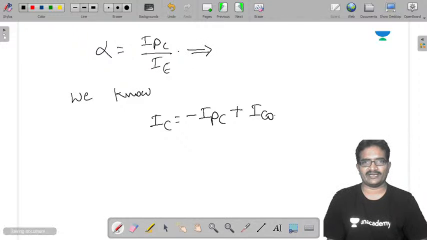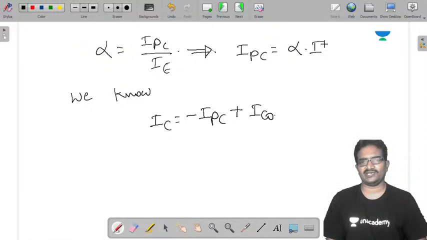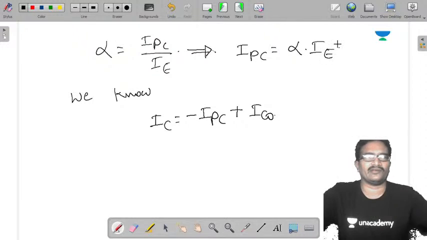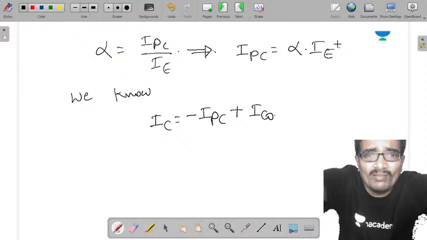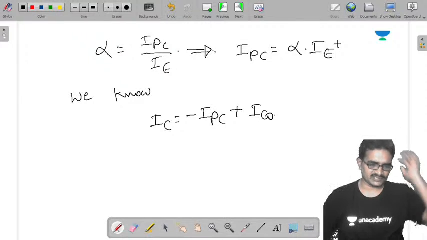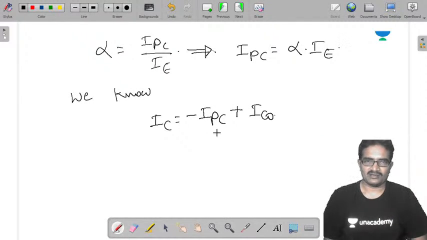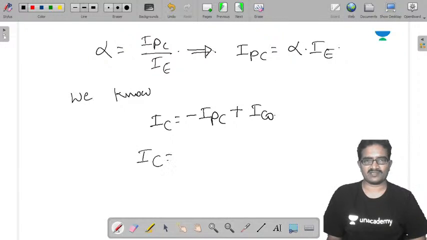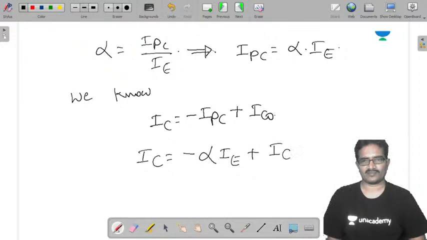From this I am writing IPC is alpha times IE. Now take this value, substitute here, therefore IC is minus alpha times IE plus IC naught.